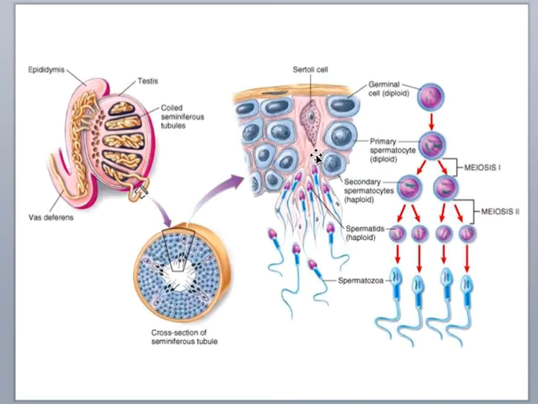And then in the presence of FSH and LH, the Sertoli cells will stimulate the spermatogonia to undergo meiosis. Now remember, the spermatogonia will undergo mitosis first, and mitosis is going from one parent cell to two genetically identical daughter cells, right? And they're both diploid.